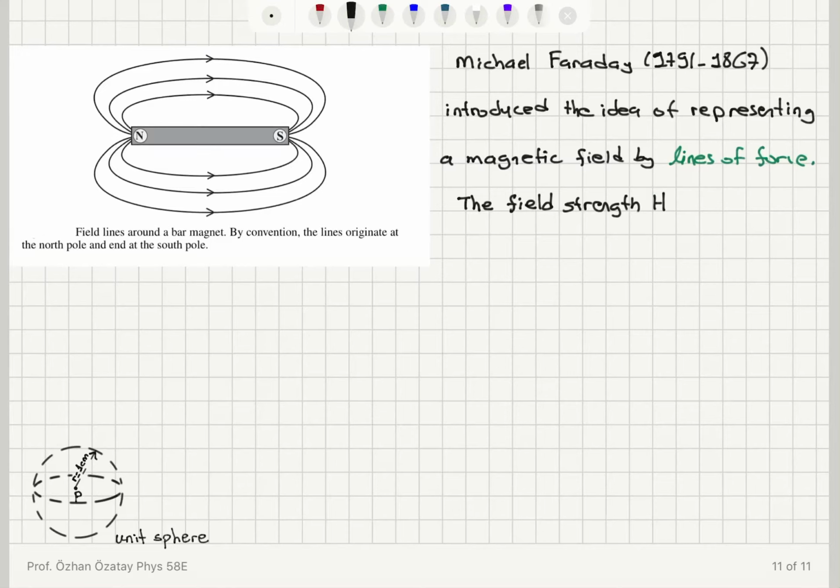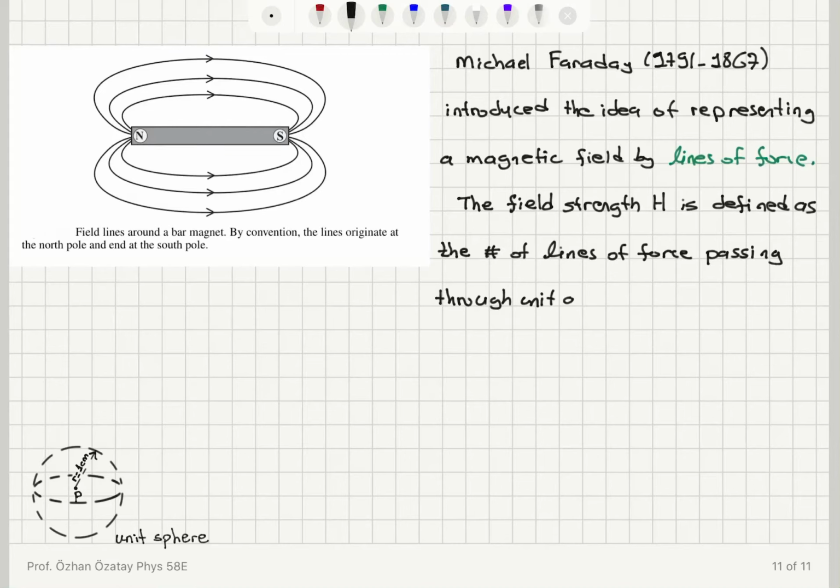the field strength H is defined as the number of lines of force passing through unit area perpendicular to the field.